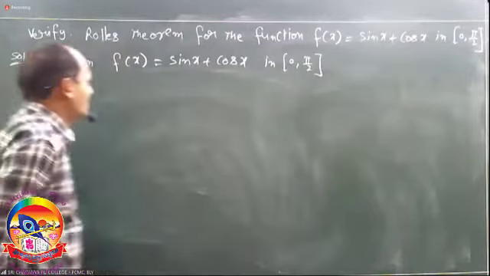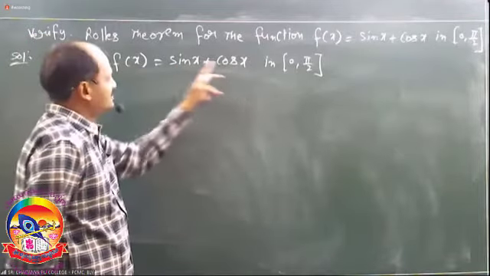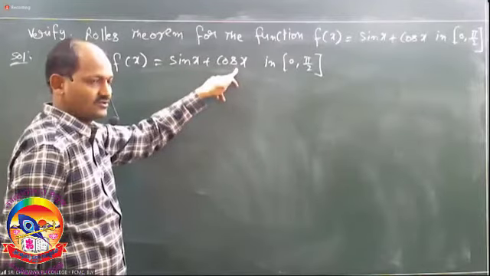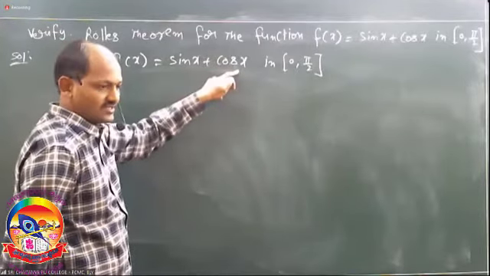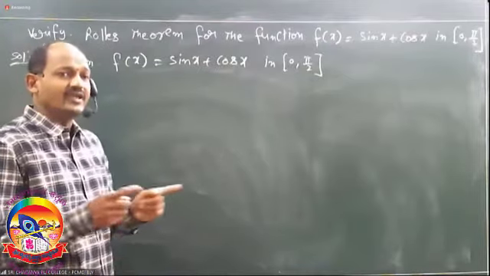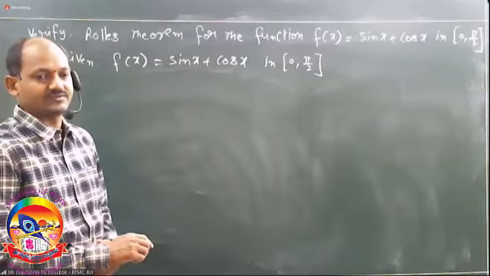F of x equal to sin x plus cos x. Sin is continuous, cos is also continuous. Both are continuous functions. We know the condition: the sum of any two continuous functions is also continuous.